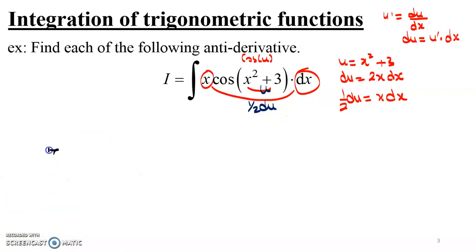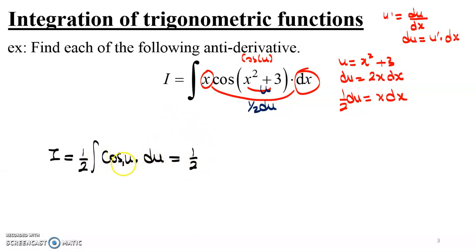So this leaves me with our integral being equal to, and don't forget that half goes outside of the integral, the integral of cosine u times du. Now half would multiply the antiderivative of cosine u.